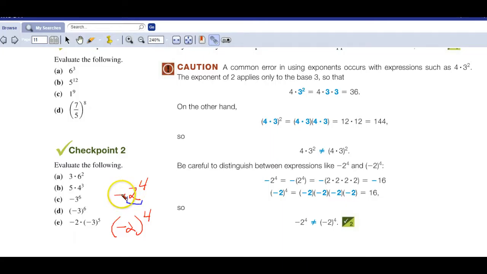The negative sign is not included in that exponential notation. So 2 to the 4th is 16. Then we apply the negative sign. But now, when you use parentheses, this indicates that a negative 2 is the base. So this becomes a positive 16. So keep that in mind, and they are giving you this caution here.